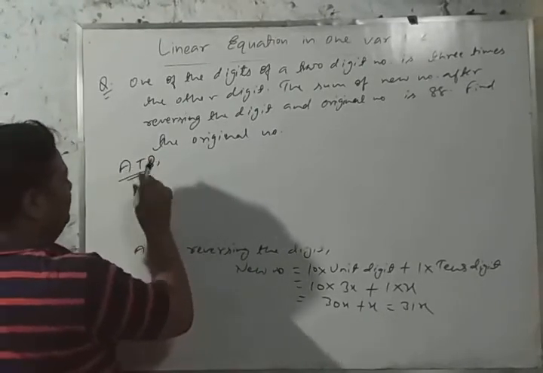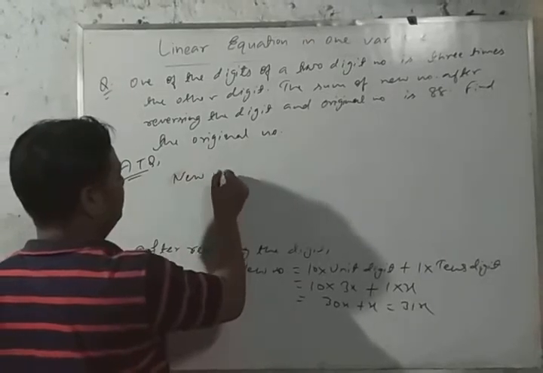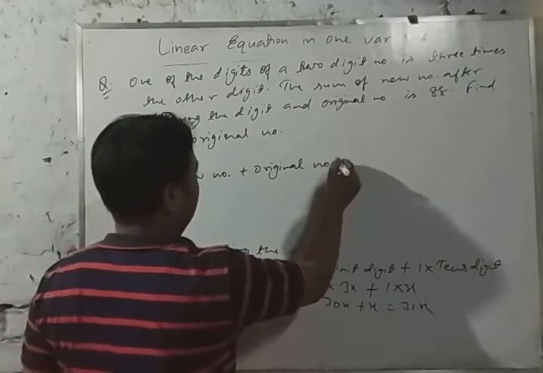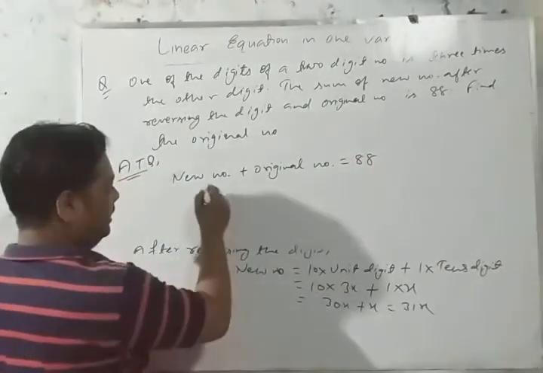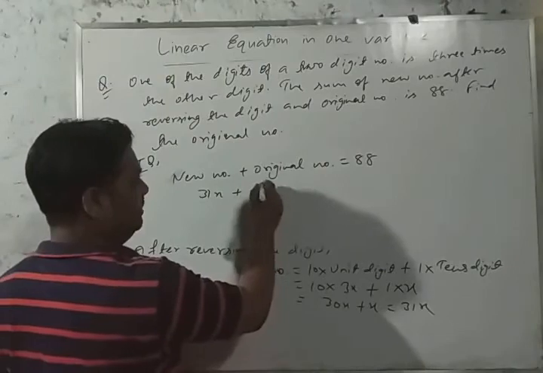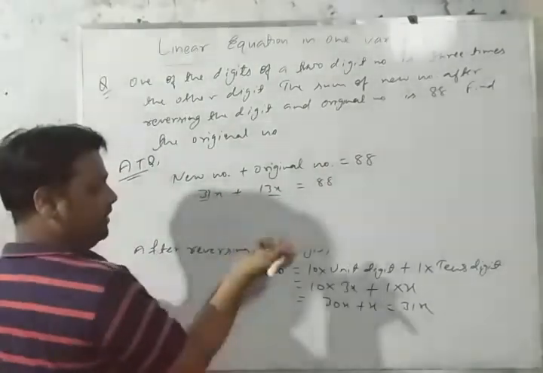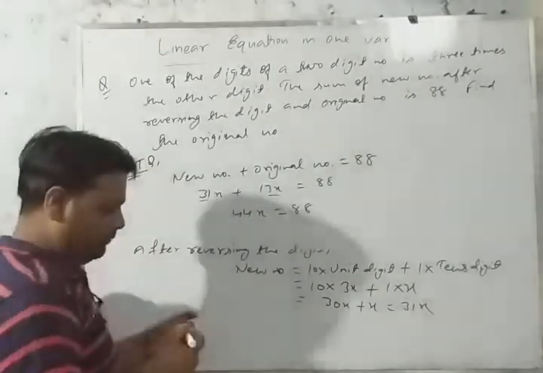New number plus original number is equal to 88 given. New number 31x, original number 13x, equal to 88. Both are like terms, so we can add. It will be 44x equal to 88.